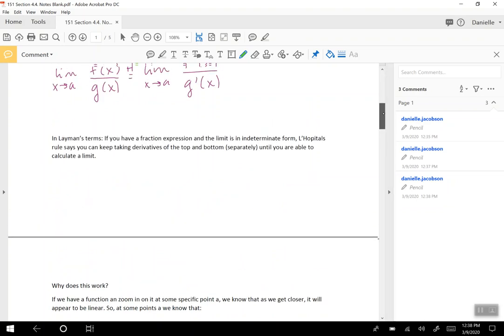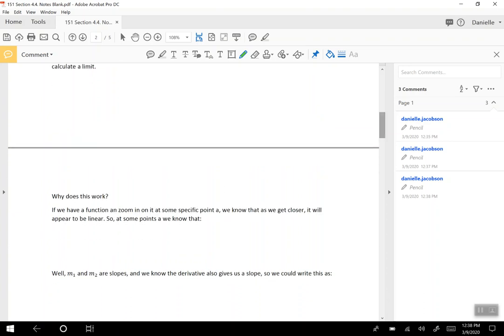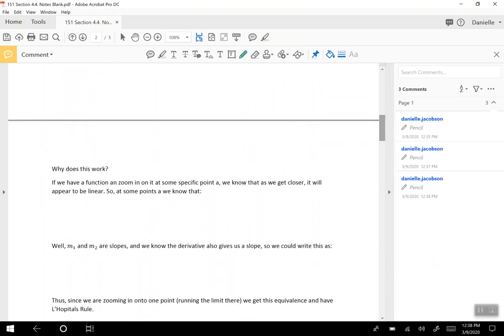I don't think that it's really obvious as to why this is true. So now let's think, well, why does this work? Why does it make sense? If we look at the function f of x separately and g of x separately, which we know by the limit laws, we can look at the numerator and the denominator separately. When we zoom in, which notice that we're taking the limit as x goes to a, so when we zoom in on that little point a, our function is going to look very linear.